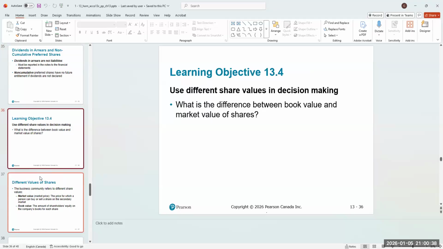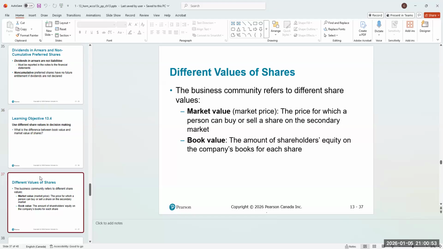Okay, let's see now what kind of decisions we have to make for the shares, having in mind the share value. What's the terminology here? We're going to have market value and book value. What is the market value?